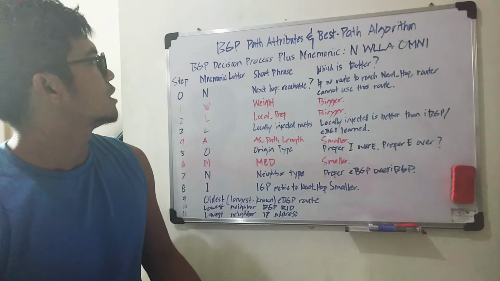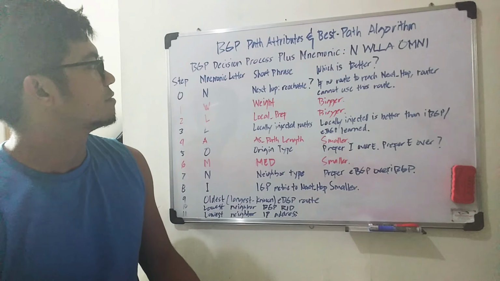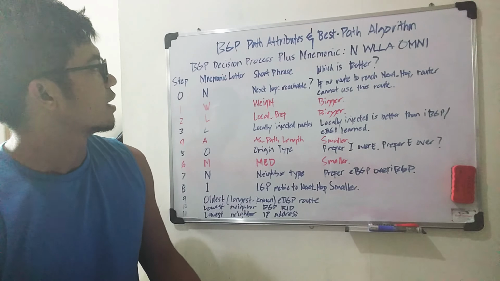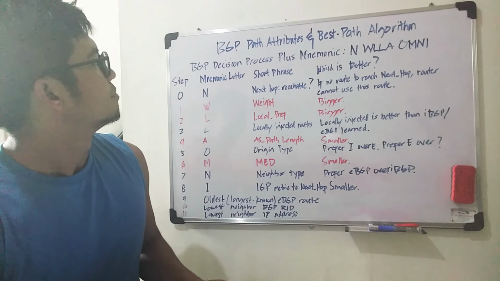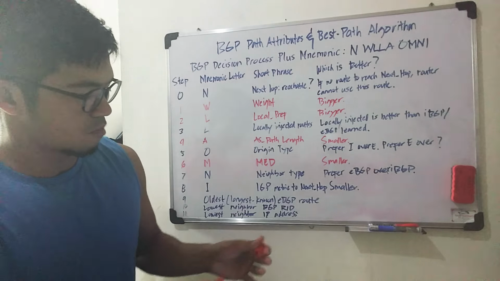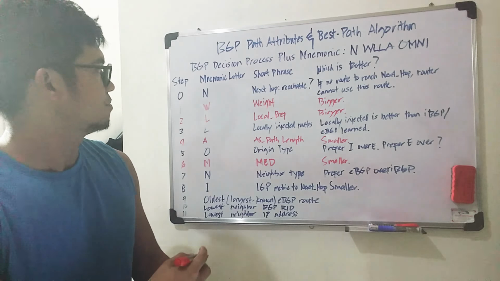And BGP path attributes, there are many BGP path attributes, as you can see here, and most of them are listed here.